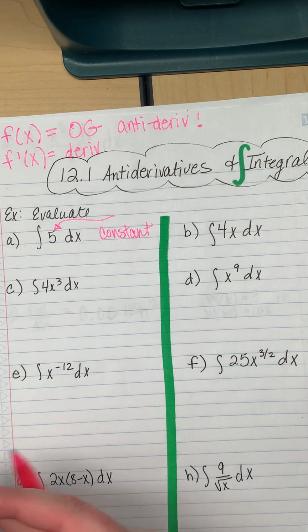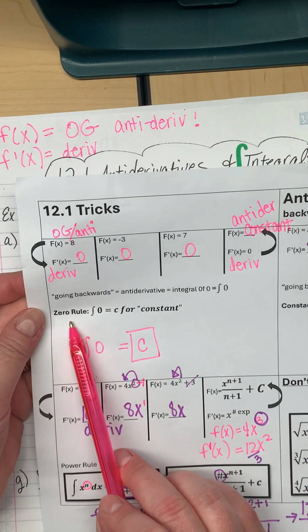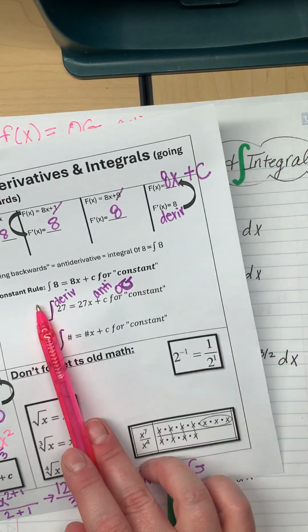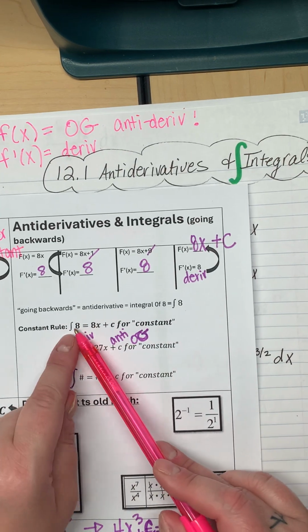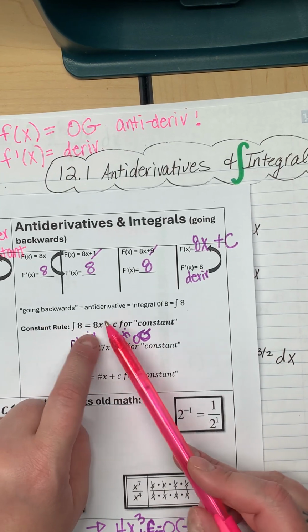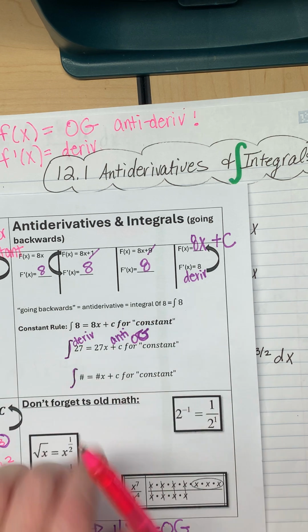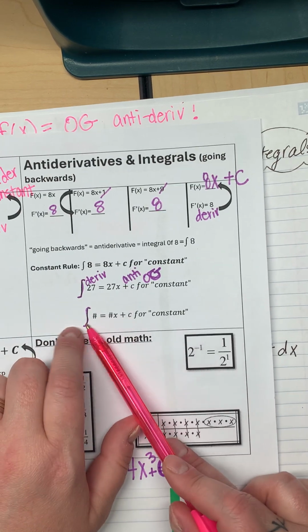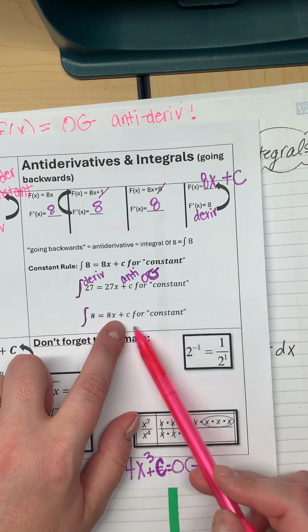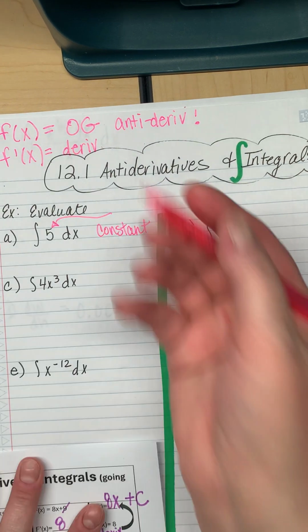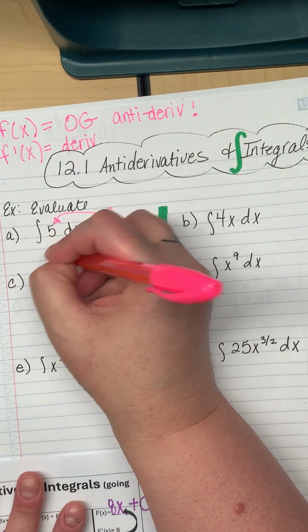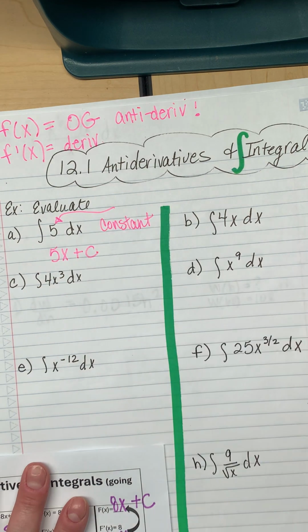So let's go back and look at the rule for constants. The first one is the zero rule. The second one is the constant rule. It says the integral of a number is just that number x plus c. So our answer is going to be 5x plus c.